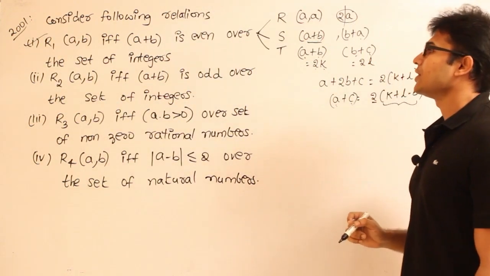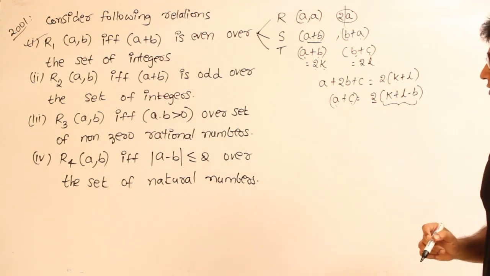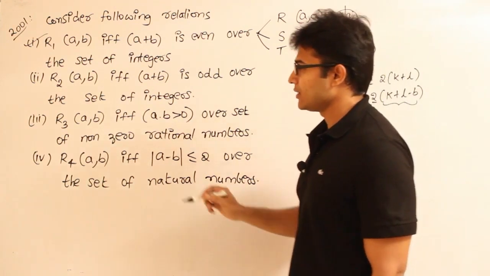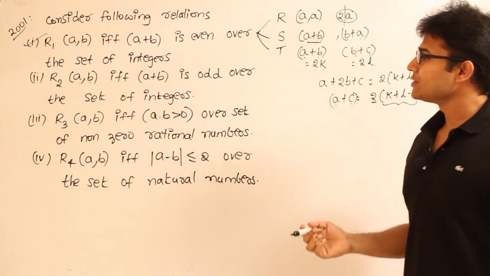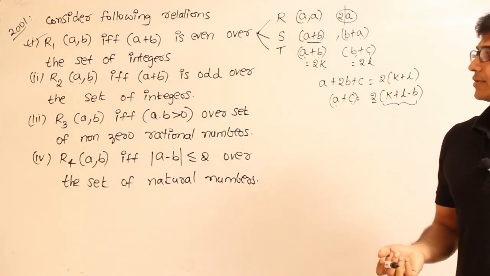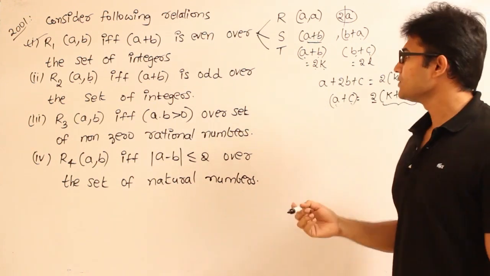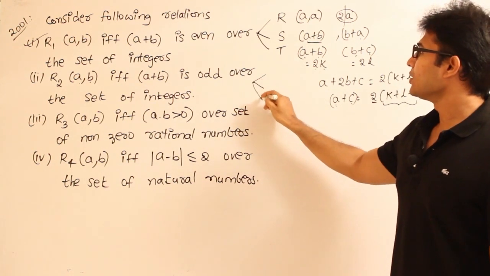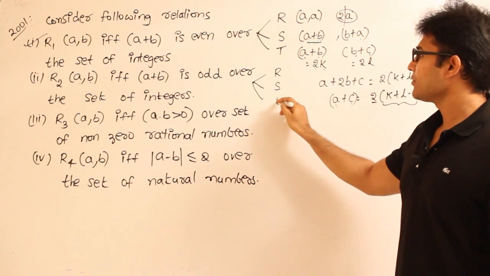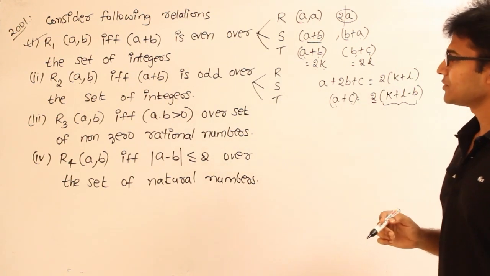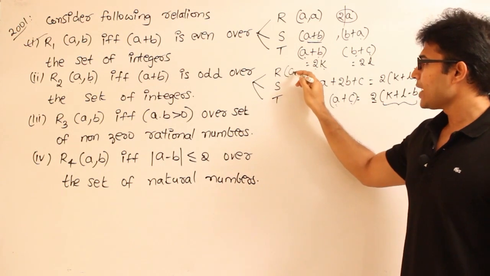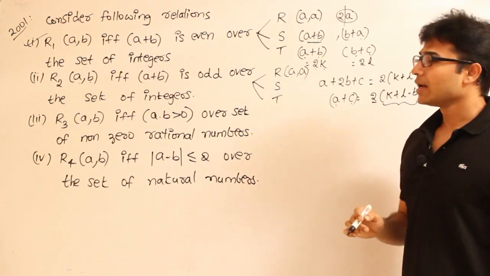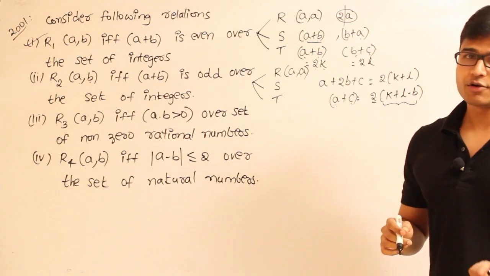Now what can we say about R2? R2 will contain two numbers (a, b) only if a plus b is an odd number. We have to check reflexive, symmetric and transitive. Let's try to prove reflexivity. Will elements of type (a, a) belong to R2?